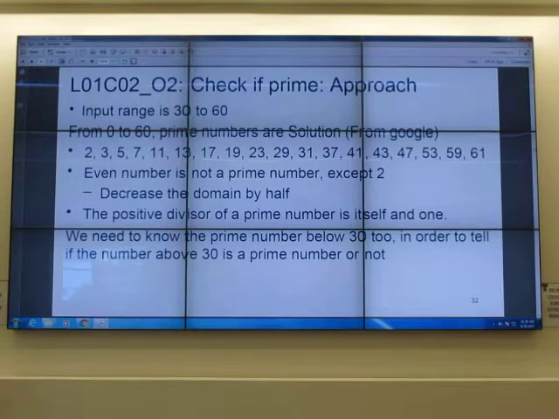But 13 is a prime number because the divisors are just 13 and 1. So we need to know the prime numbers below 32 in order to tell if the number above 30 is a prime number or not. If I want to check 31, is that a prime number? So what do I do?